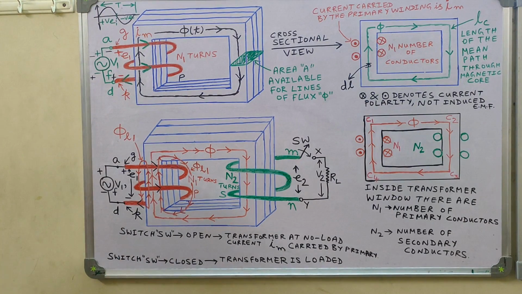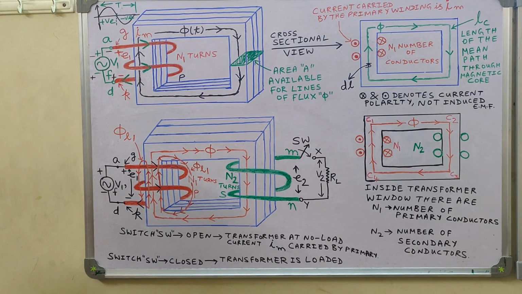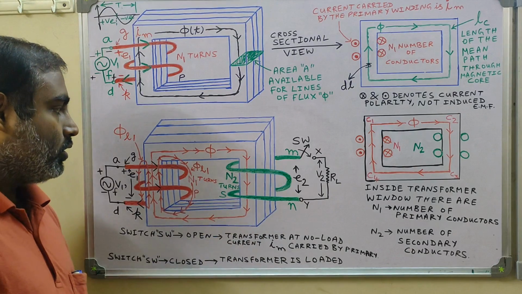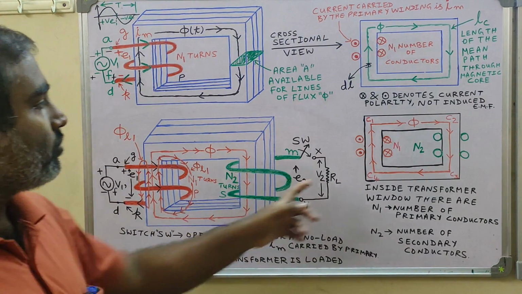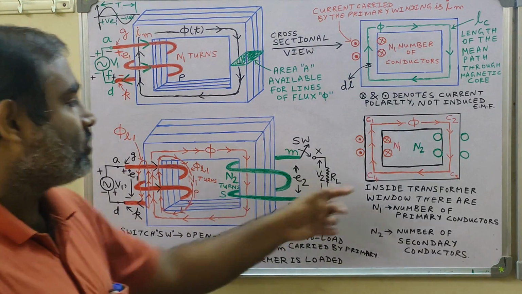Similarly, if the number of turns of the secondary coil is N2, then in the transformer window the number of conductors belonging to the secondary turns will be N2.